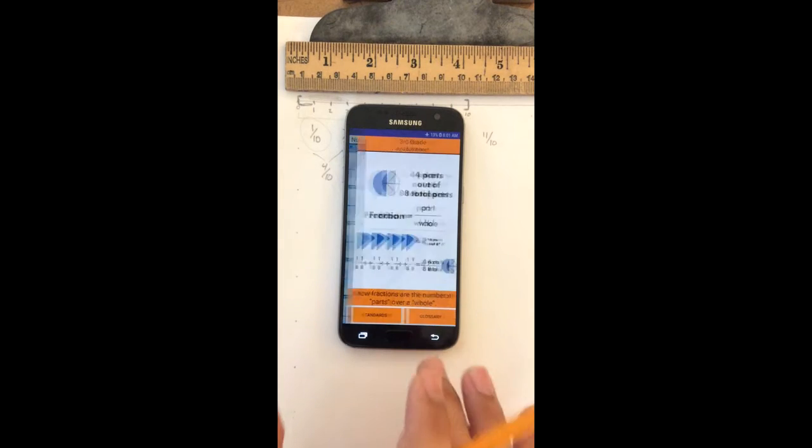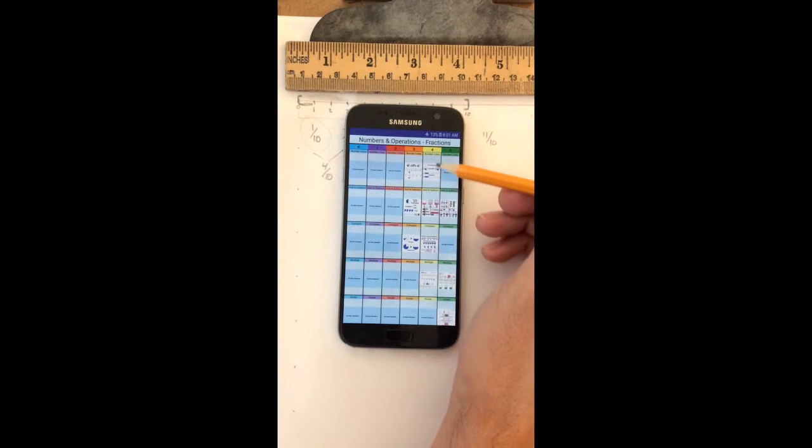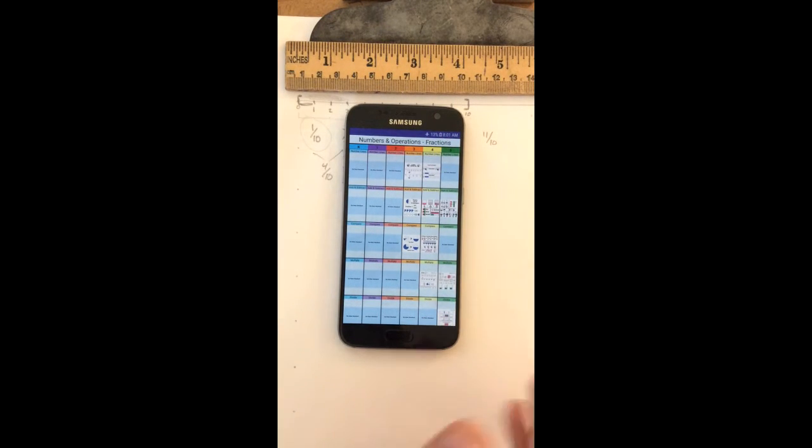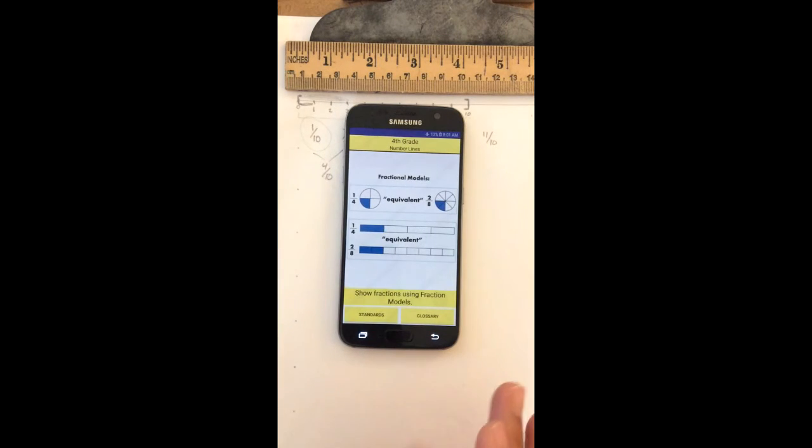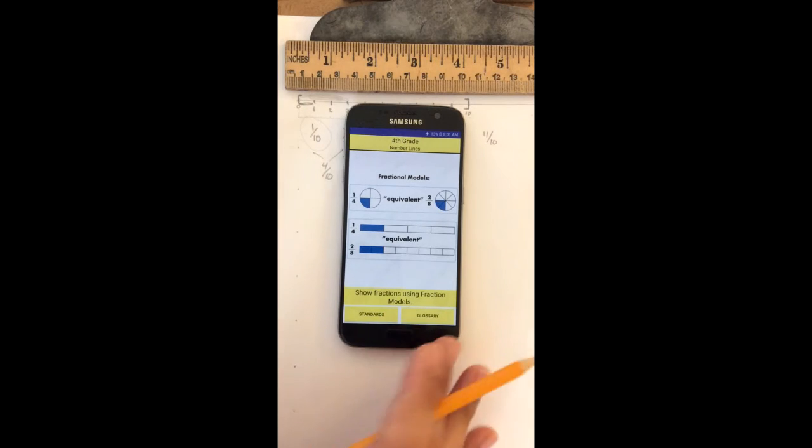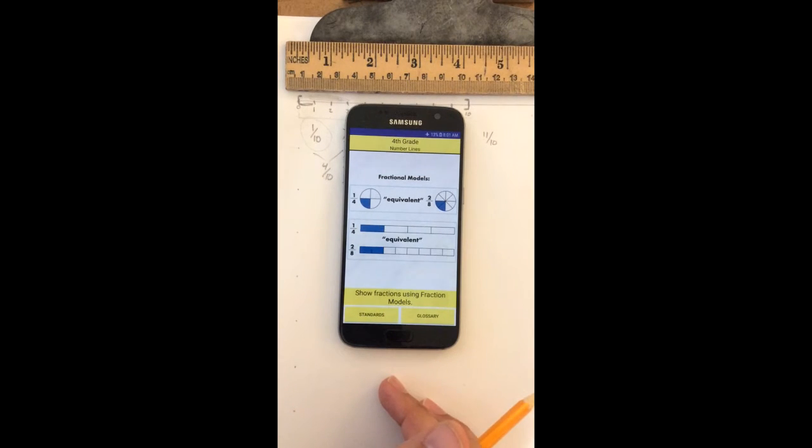Okay? So instead, when we get to 4th grade, we're going to see a really big jump, not just in using fractional models where students have to show fractions using those fraction models, which is kind of a nice transition into 4th grade.